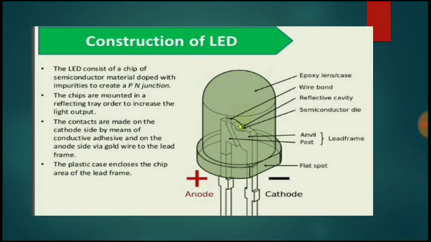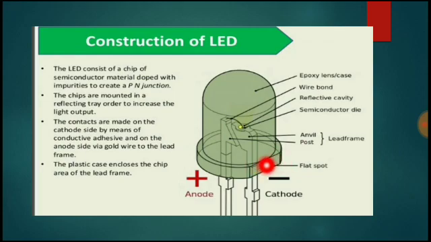Next, the construction of LED. The LED has two terminals, that is two rods. One is the cathode, that is negative, near the flat spot.